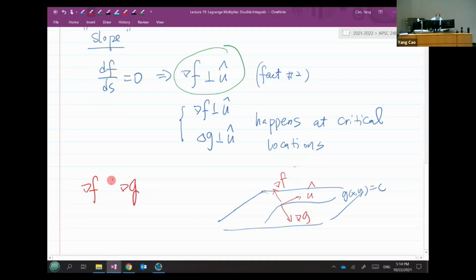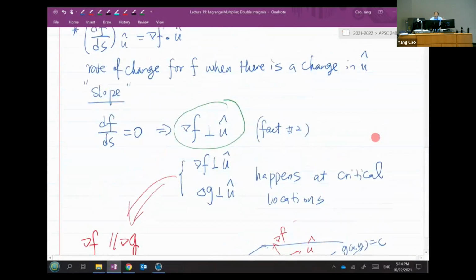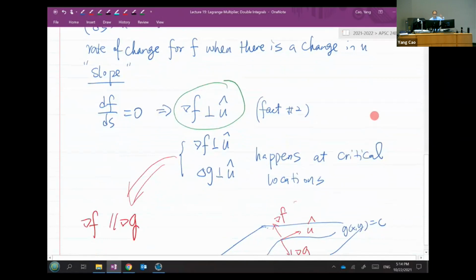So these 2 conditions essentially translate to this conclusion. Can you see the logic flow here? We are looking for the critical location as person A is moving along the constraint. We're looking for the critical location traced out by person B.